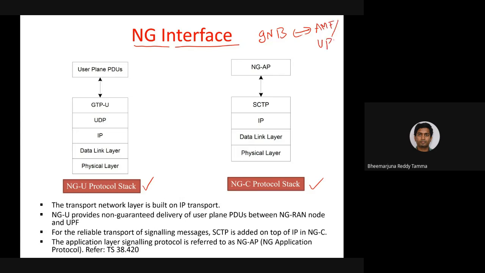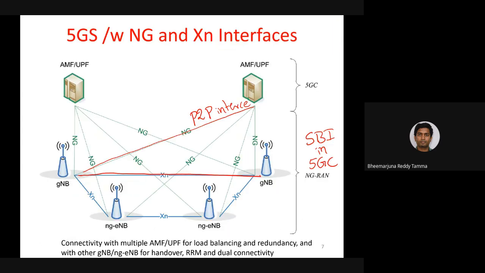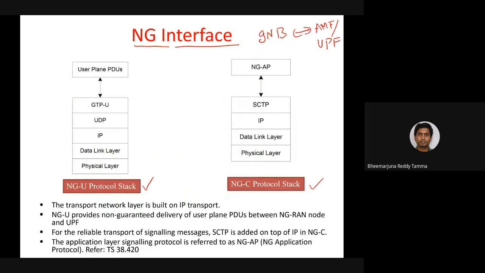and this is what I was mentioning, right? If you recall, the NG interface is the one that is between G node Bs and AMF or UPF. And we use this NG-U interface for the connection between the G node B and the UPF.